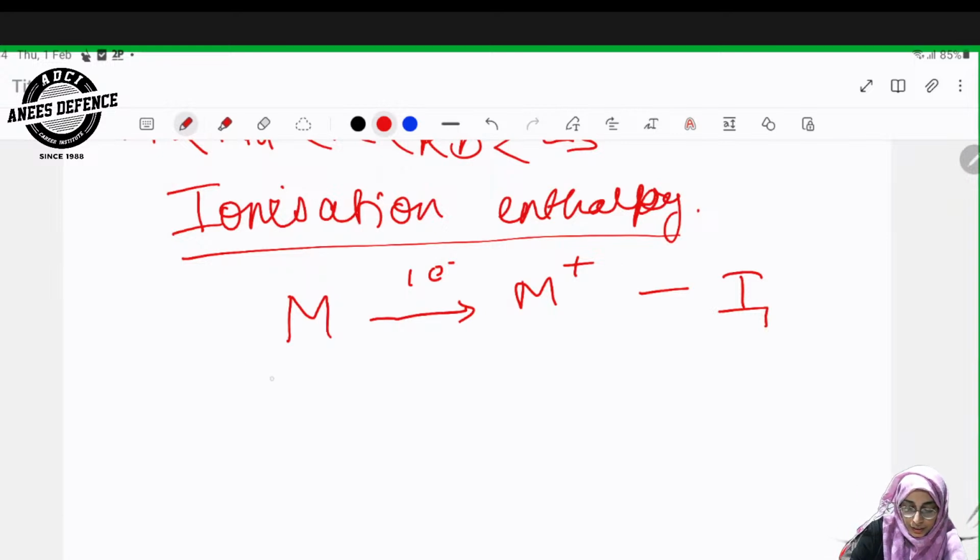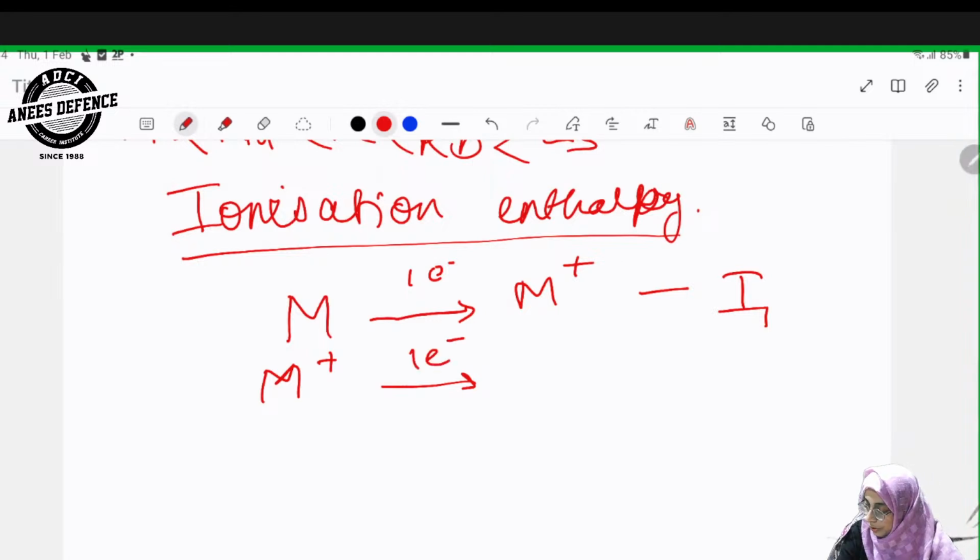Now after that, it becomes M plus, already one electron is removed. The next energy is required to remove another electron. When that electron is removed, it becomes M2 plus. This is known as the second ionization energy.